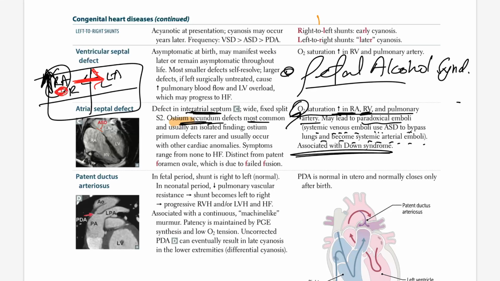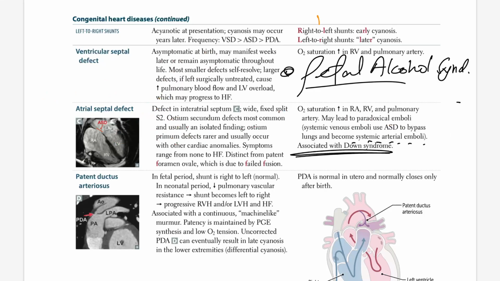And let's say you had emboli at that time, that emboli could just go through the ASD into the left atrium. From the left atrium it goes to the left ventricle, and from the left ventricle goes into the cerebral perfusion and causes stroke, or goes to the GI and causes ischemia to the mesenteric vessels. Anything can happen, and this is called paradoxical emboli.